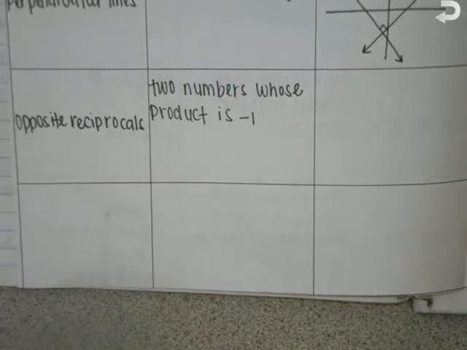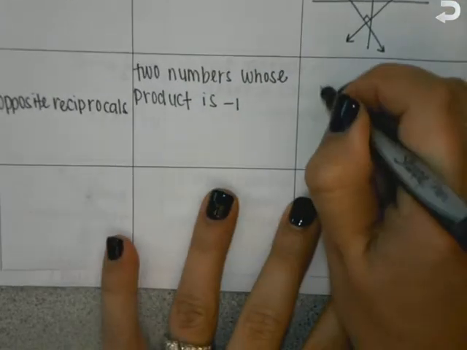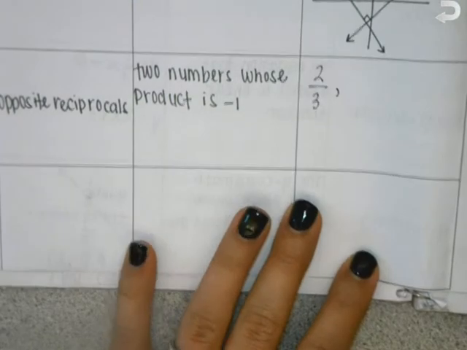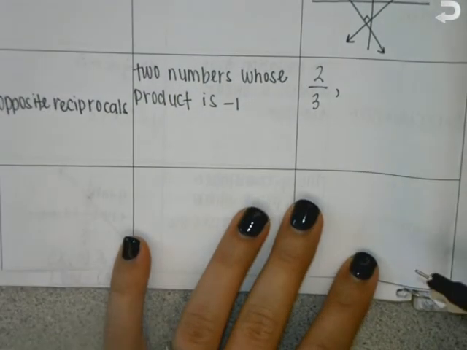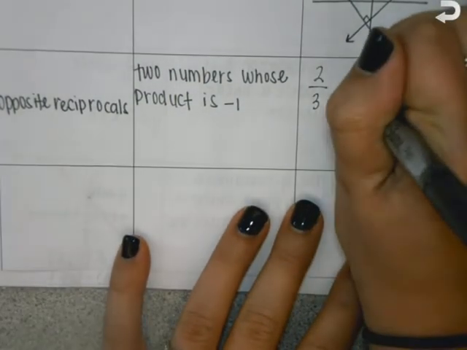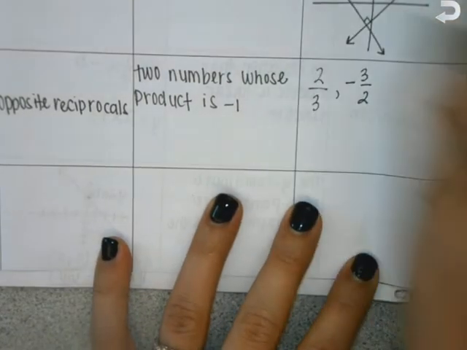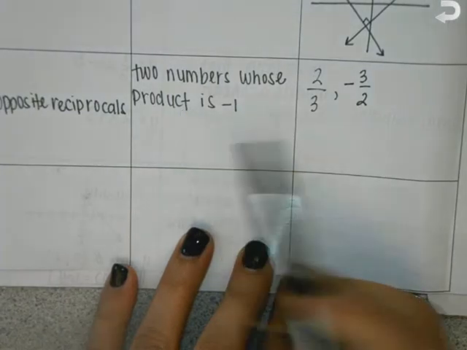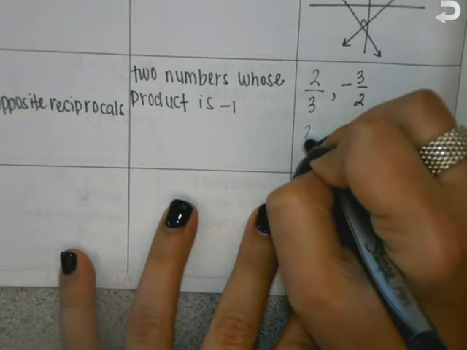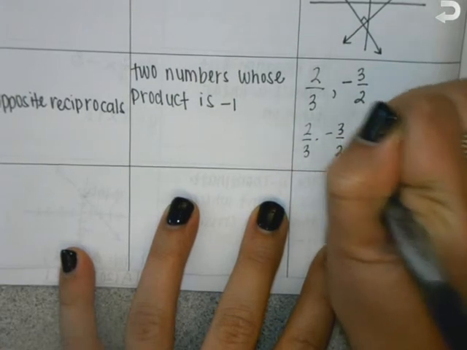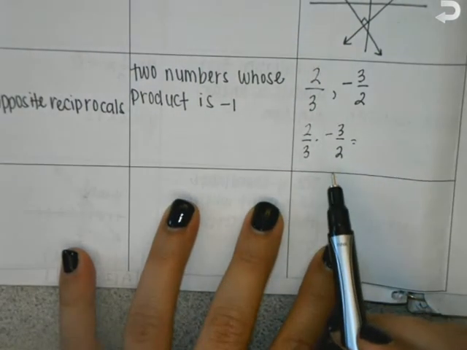Reciprocal. If I give you 2/3, if this is positive 2/3, the opposite is going to be negative. And what's the reciprocal? 3 over 2. So what do I mean when I say the product is -1? If I do 2 over 3 times -3 over 2, a positive times a negative gives me what?